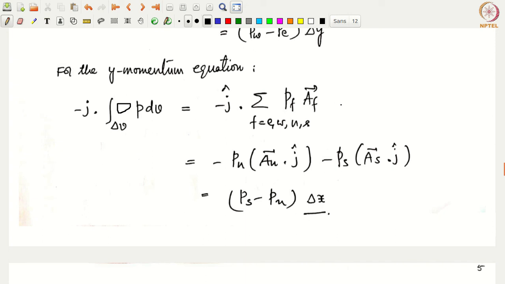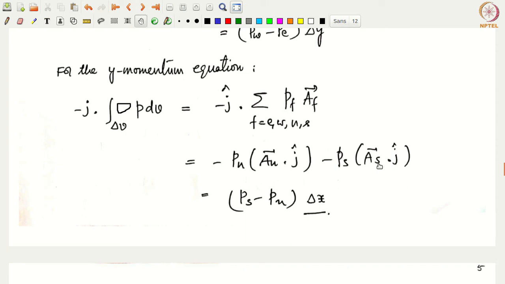And again the faces are east, west, north and south. Again, because we are taking an inner product with j cap, the only terms that survive here are the north and south, because they are the ones which have j cap with them. That means we get minus pn times An bar dot j cap minus ps times As bar dot j cap.